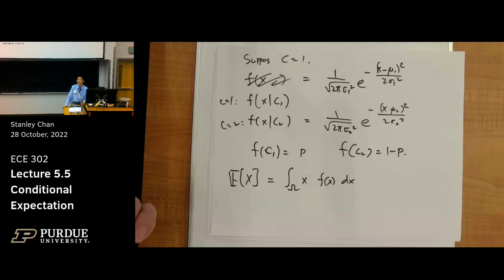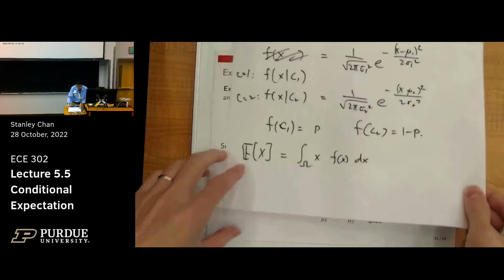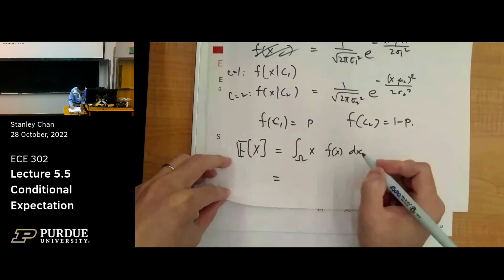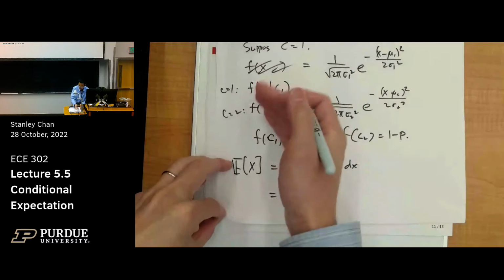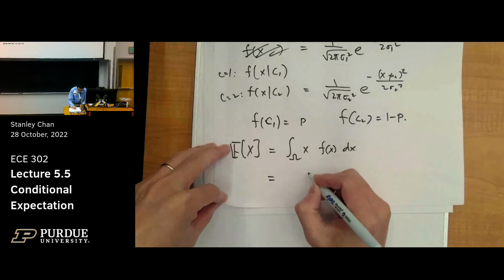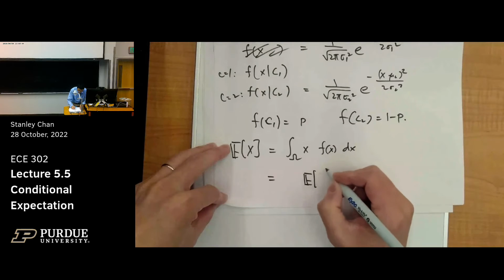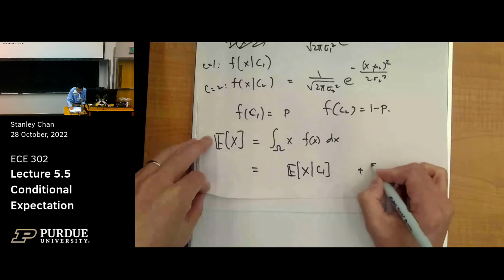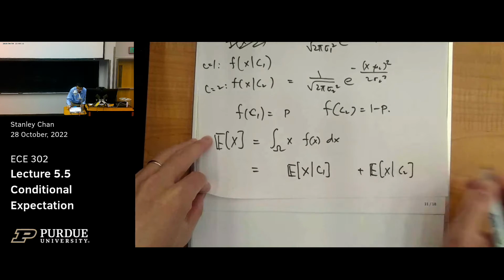Any suggestions? Yes, please. Okay, great. You can graduate. Okay, so you got the principle. The idea is that you have the decomposition of the two conditional probabilities, and so what you can do is look at the expected value of x given that you are at class C1, and then the expected value of x given that you are class C2.